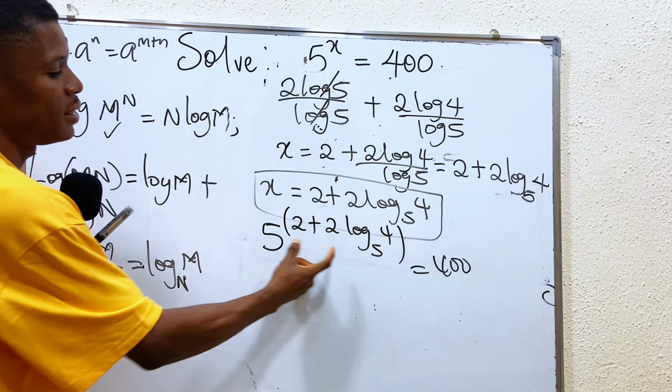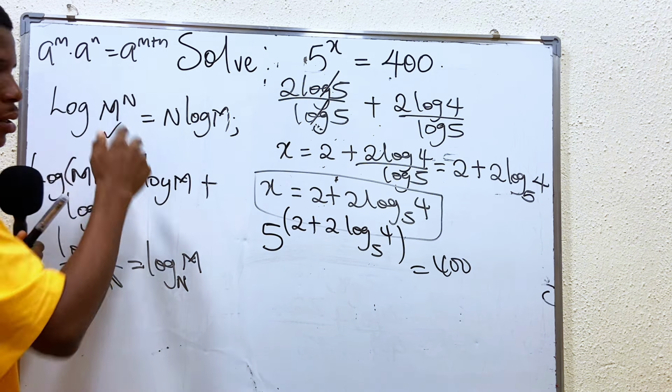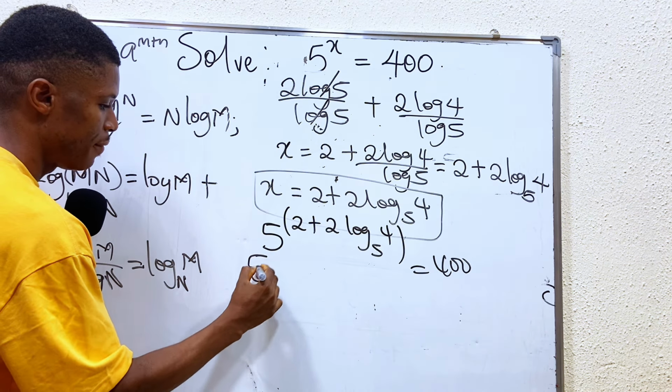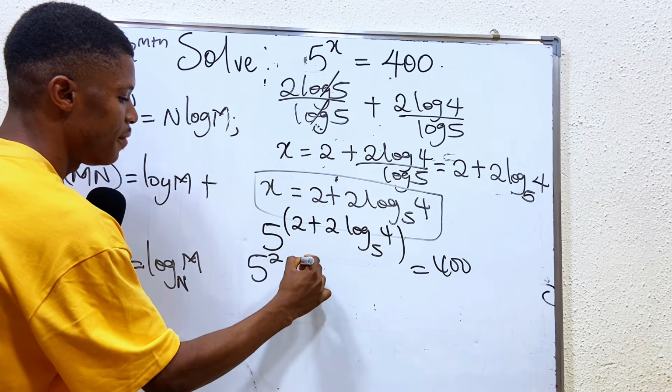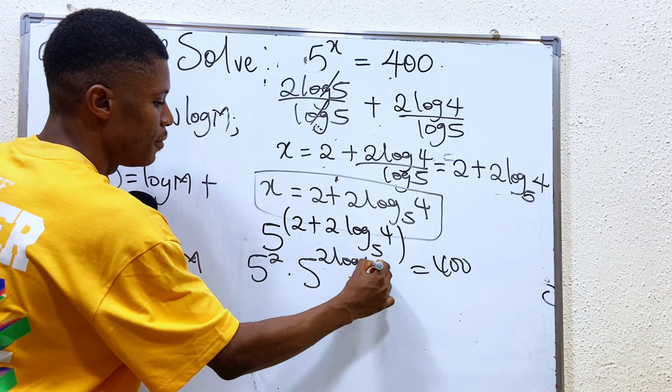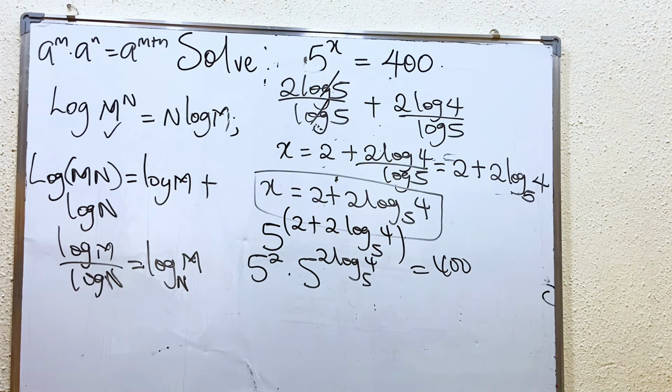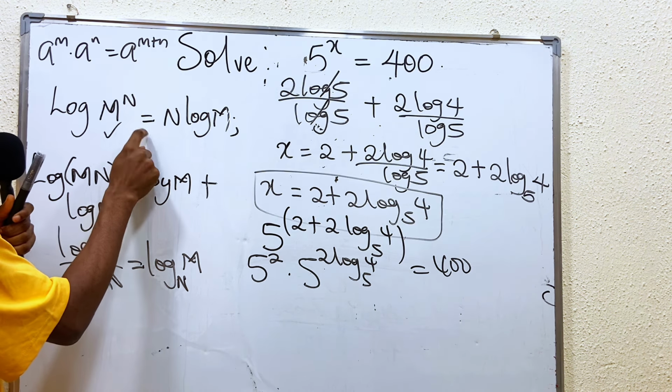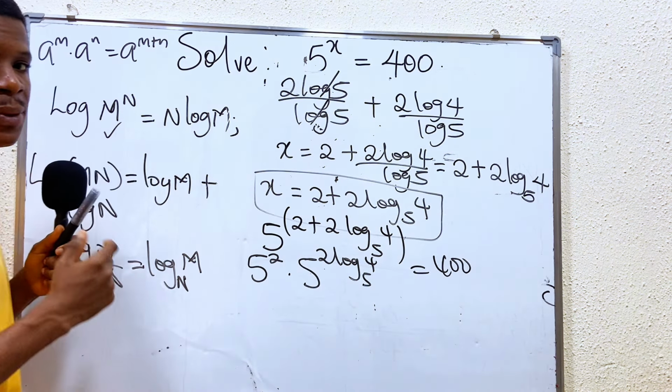Since we are having this addition, we can apply this law now. So what do you have? You have 5 squared times 5 power 2 log base 5 of 4. For it to be easy for us, we are going to apply this particular law in the exponents.